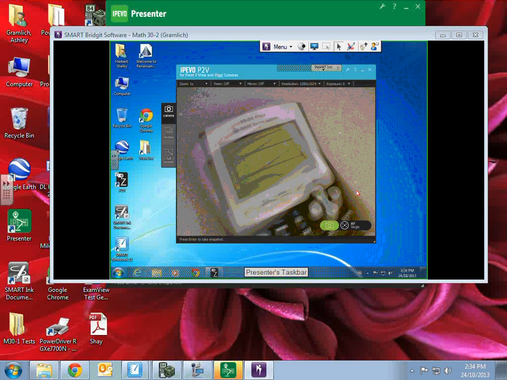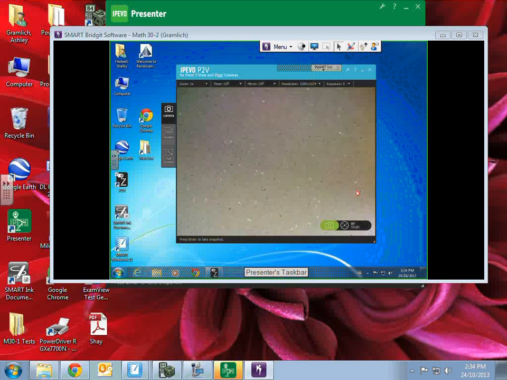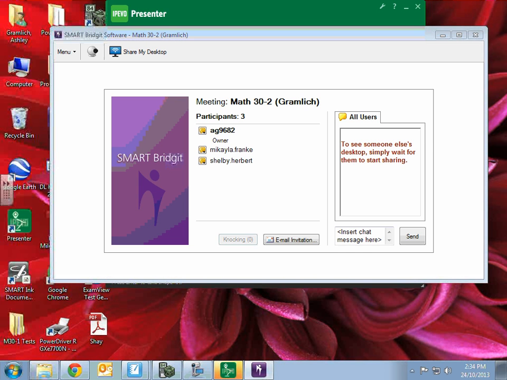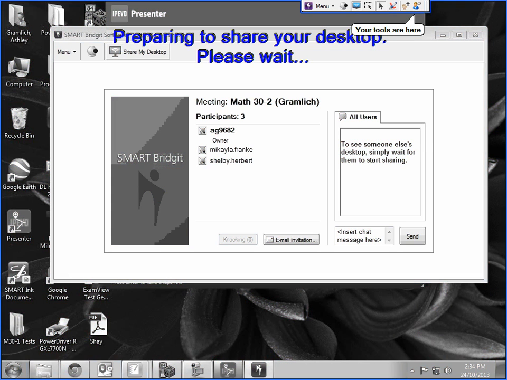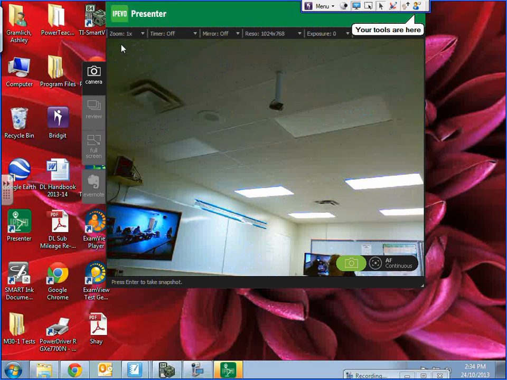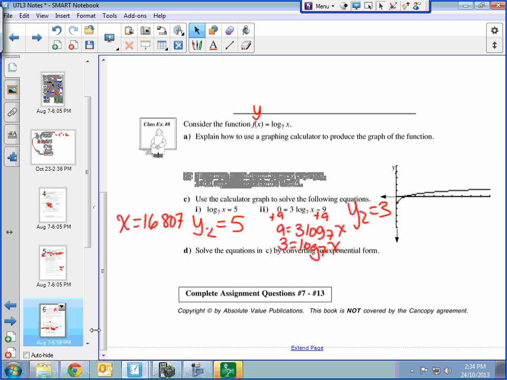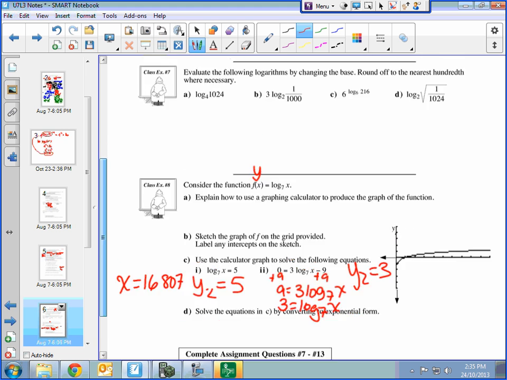Okay, so the biggest thing, Shay, when you are graphing a logarithm, it's always log of your argument, so that x was our argument there, divided by log of your base. Okay, so I'll share my desktop and I'll show you. I'll show a different example.